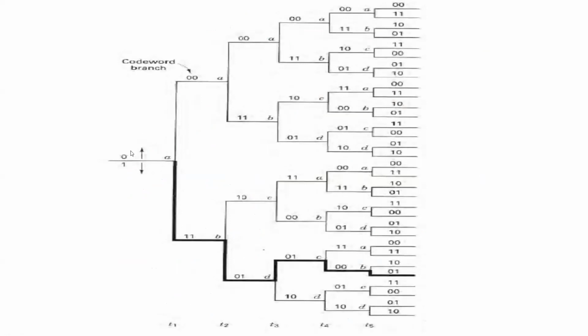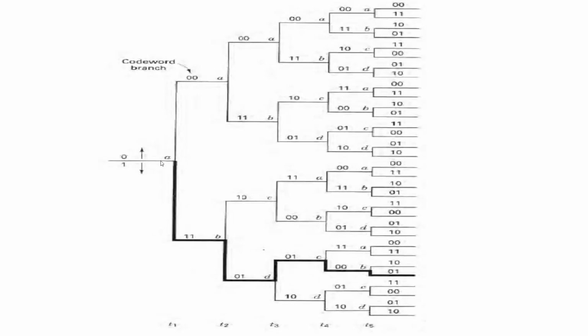So how do we represent a tree diagram? If you look at the tree diagram, look at this horizontal line first. There are two arrows. One is in the upward direction, the other is in the downward direction. The upward direction represents 0. The downward direction represents 1.